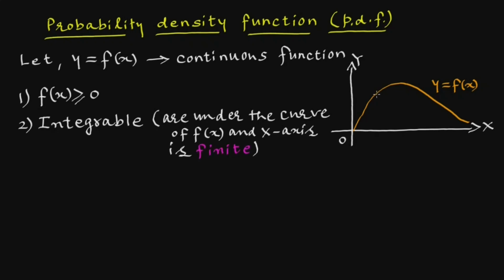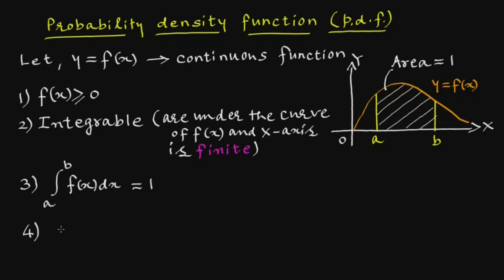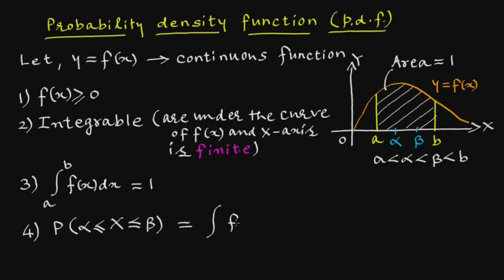If x lies in the closed interval [a, b], then third, the integral of f(x) dx from a to b is 1. Then the probability of the continuous random variable x lying between alpha and beta, where a < alpha < beta < b, is given by the integral of f(x) dx from alpha to beta.